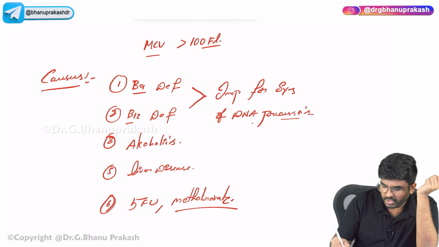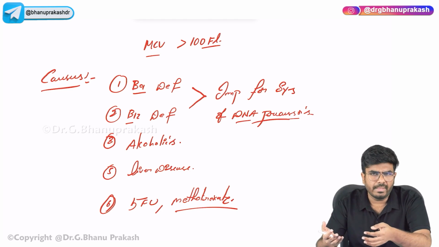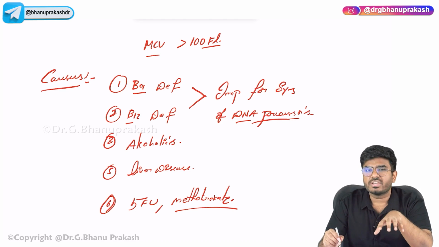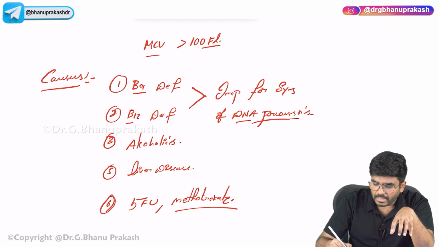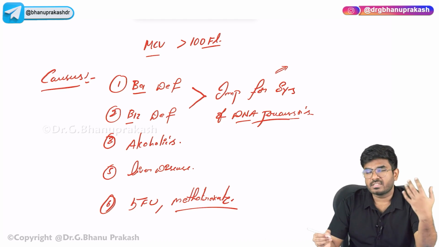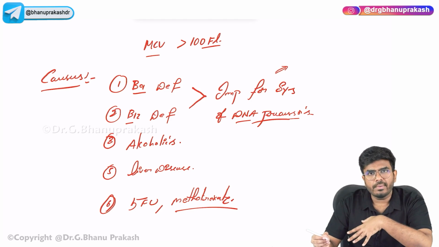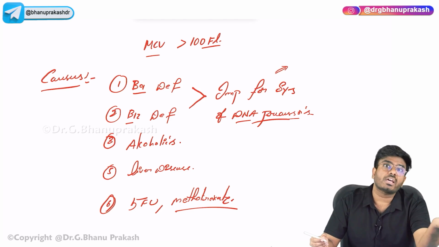So for the production of DNA, you require vitamin B9 and B12. If they are deficient, that causes improper DNA synthesis. No DNA production. Without DNA production, do you think cell division is going to occur? Cell division is not occurring, so continuous RBC production is not occurring.